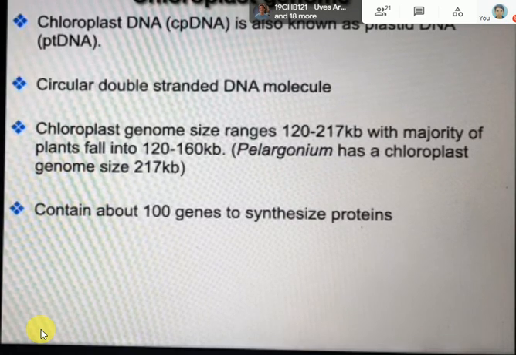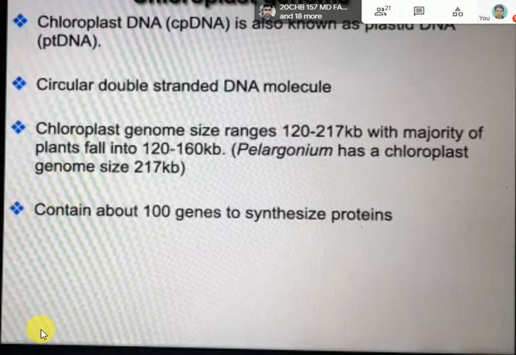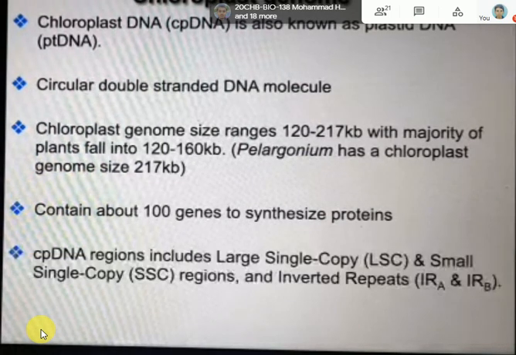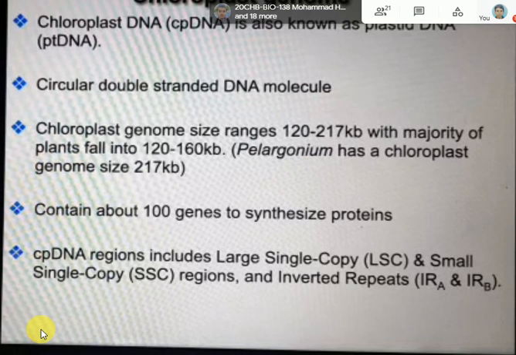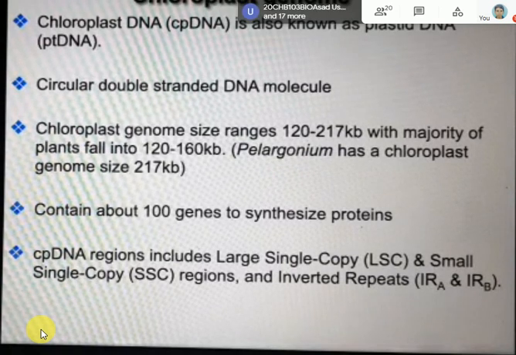So 100 genes are present in a small DNA molecule of about 120 to 217 kilo base pair. The chloroplast DNA region includes a large single copy region LSC, a small single copy region SSC, and inverted repeats IRA and IRB.